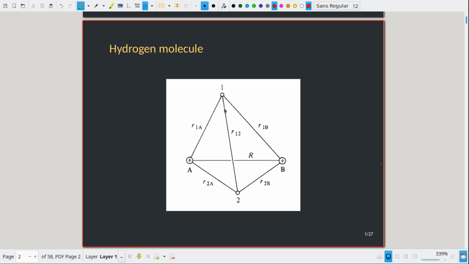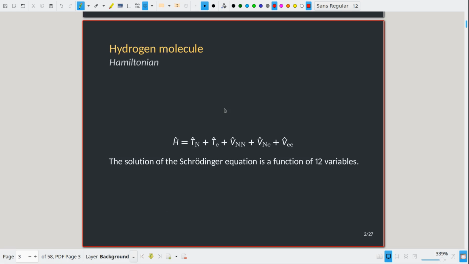Now if we were to try and write the Hamiltonian for this sort of system, then we will have all these terms that would have to be included in the Hamiltonian. So we've got the kinetic energy of the nuclei, represented by this term here. Then we've got the kinetic energy of the electrons, and as I said, there are two nuclei and there are two electrons in this system.